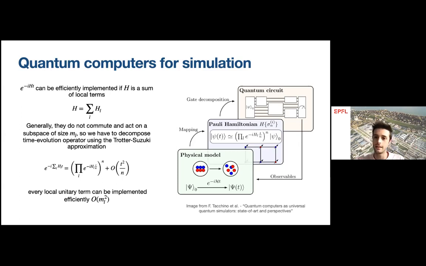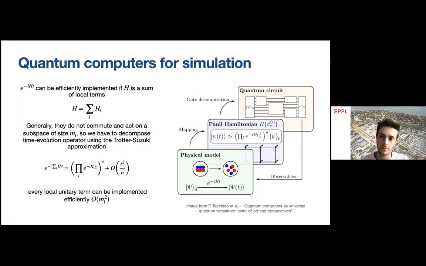And then we can decompose the time evolution operator into a set of gates that compose a quantum circuit, and then we apply these gates to our qubit states and then measure the states at the end. By measuring, we get some information, some observables about the system we are studying. And then maybe we can make a new prediction or study different systems and so on.